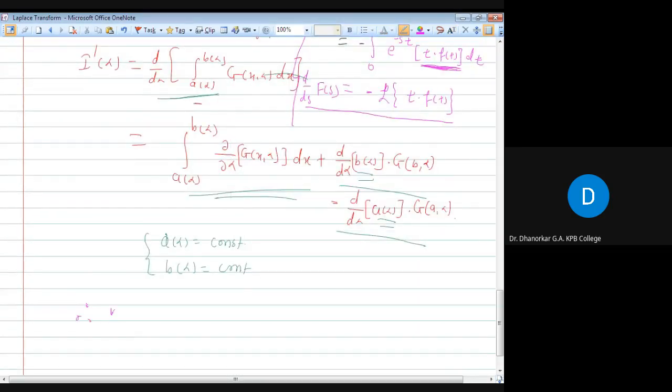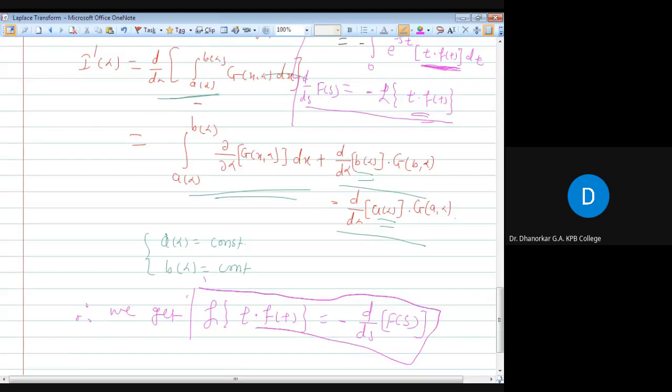We get the Laplace transform of t into f of t is equal to minus d by ds of f of s. We got this result: minus d by ds of f of s.